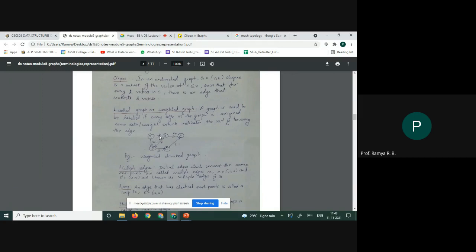So the weight which is annotated on this edge might be the time taken for a packet of data to traverse from this node to another node. So most of the time the data or weight annotated on these edges is the cost of traversing from one node to another. Such a graph is called a weighted graph or a labeled graph.